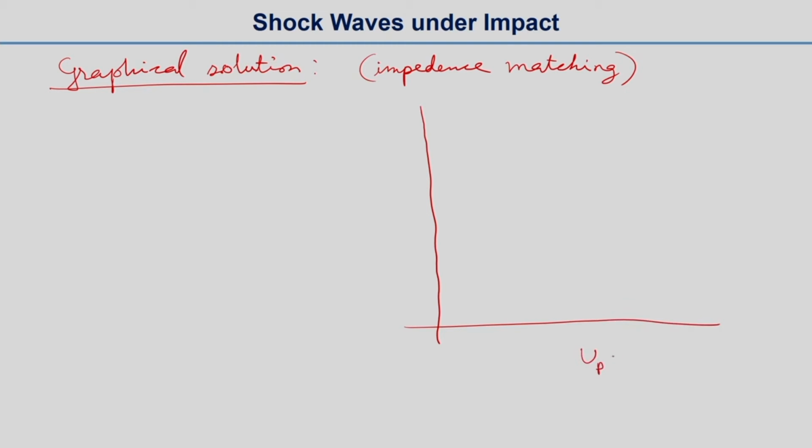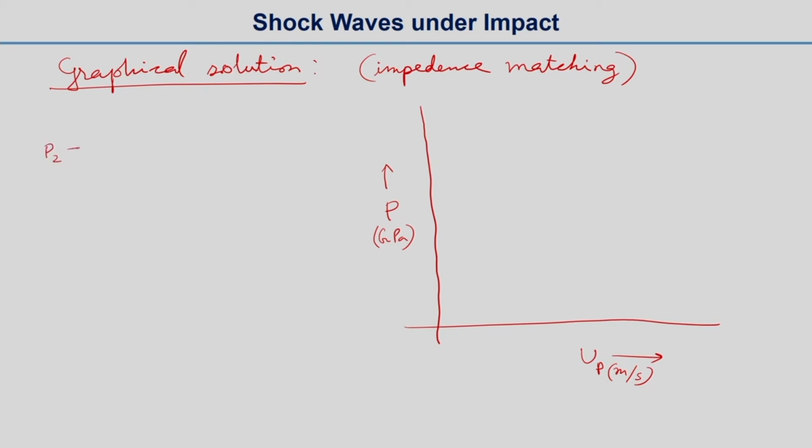Here on the x axis is the particle velocity, and on the y axis the pressure. Let us say pressure we are writing in gigapascal, and particle velocity, as we know, will be in meter per second. Now if we draw this, these are the two equations we derived in earlier classes.